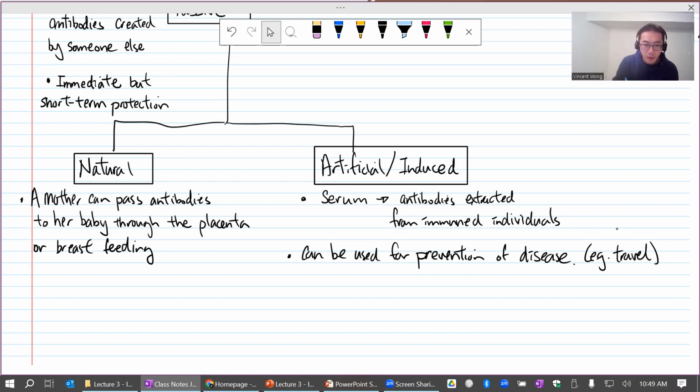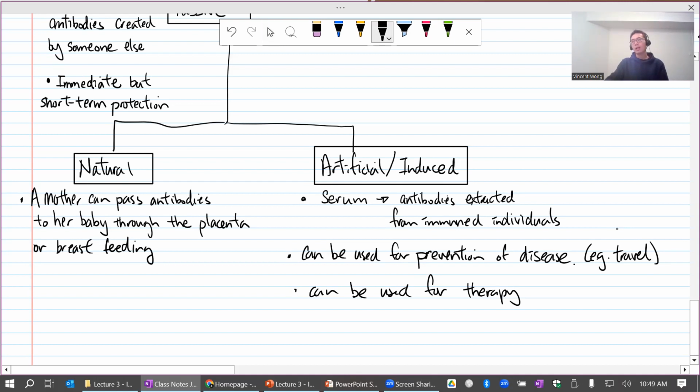Yeah. It can also be used for therapy. If someone working in healthcare accidentally pokes themselves with a needle that they just pulled out from another patient, like let's say the person has hepatitis, after giving them a shot you accidentally poke yourself, then it's a very scary situation, right?